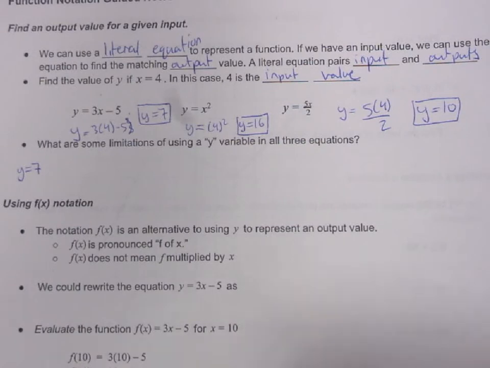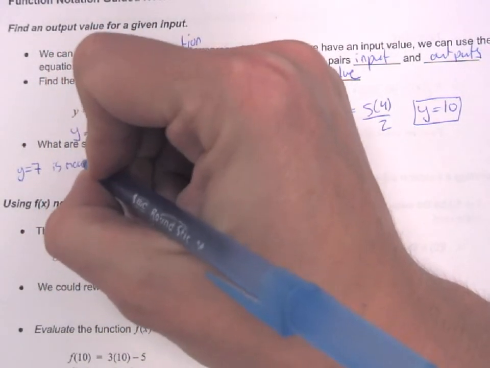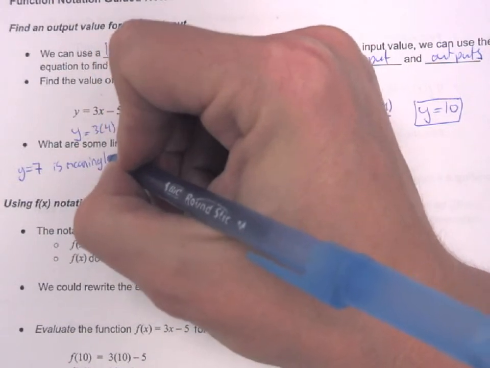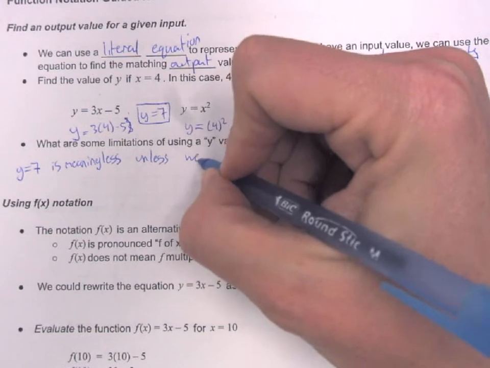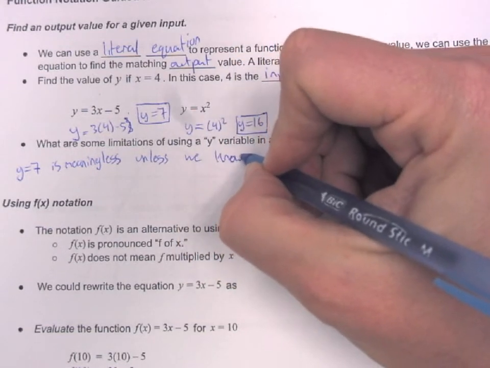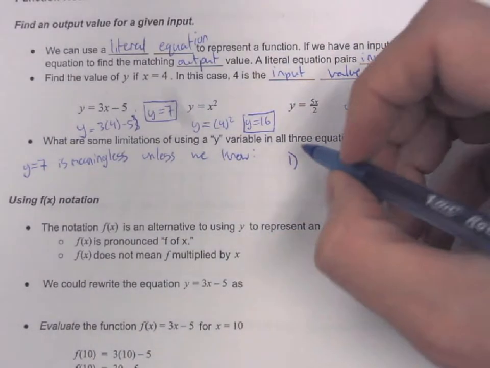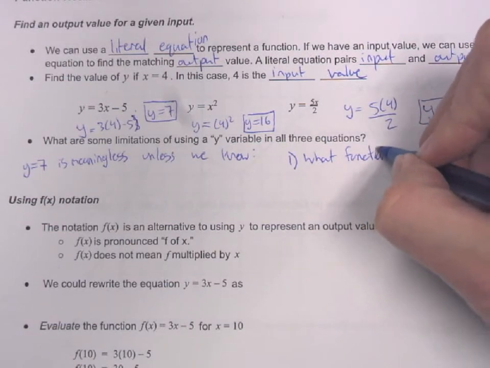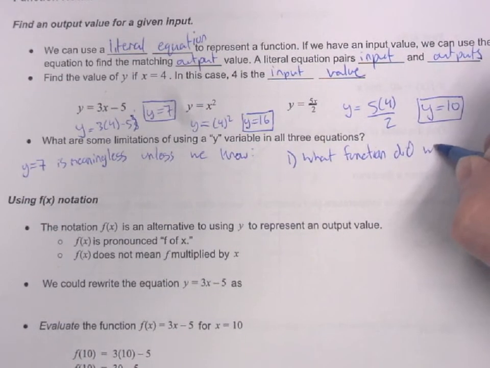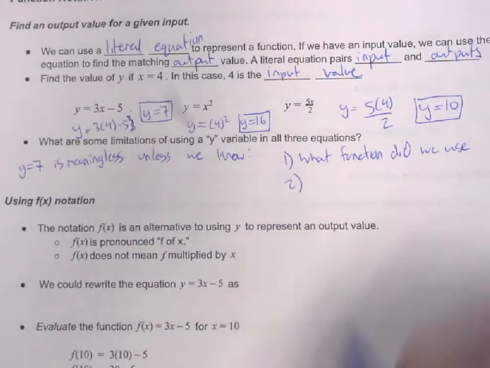So a statement like y equals 7 is meaningless unless we know two things. One, which function it came from. So what function did we use? Two, what was the input value?